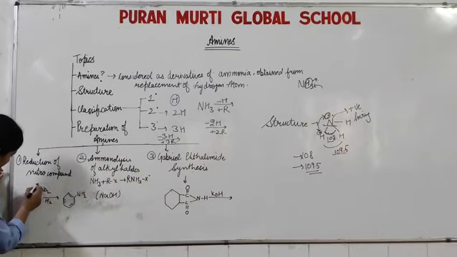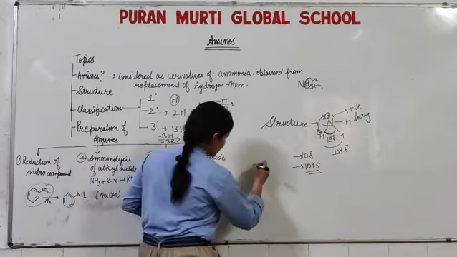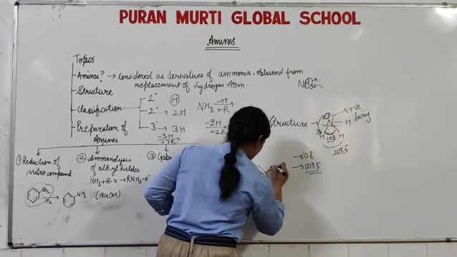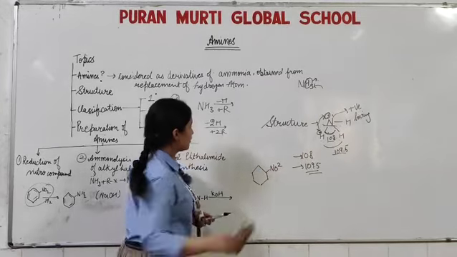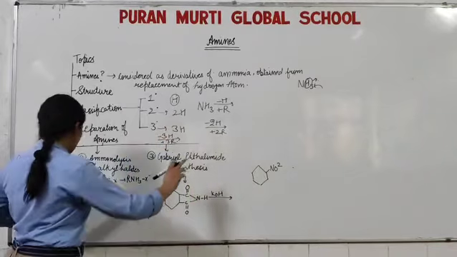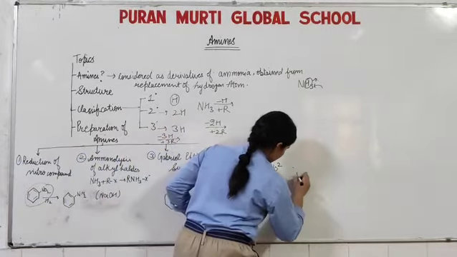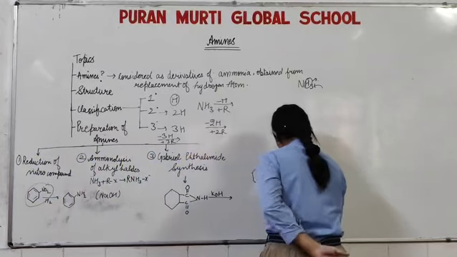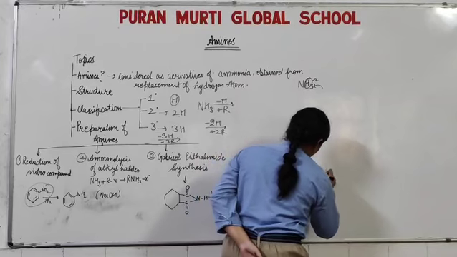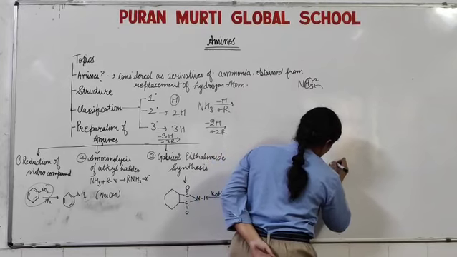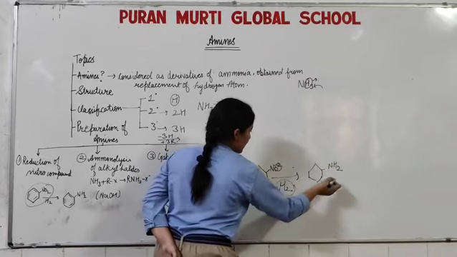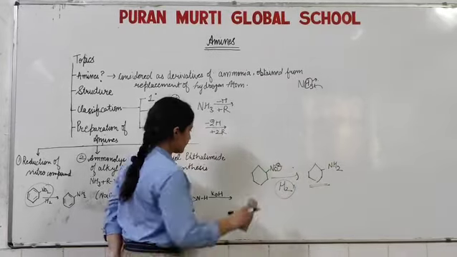We have this structure, the NO2 is attached here, and we will give H to this as we have studied before, and it will become NH2. The O2 will be replaced with H2, and this is the final result we'll get.